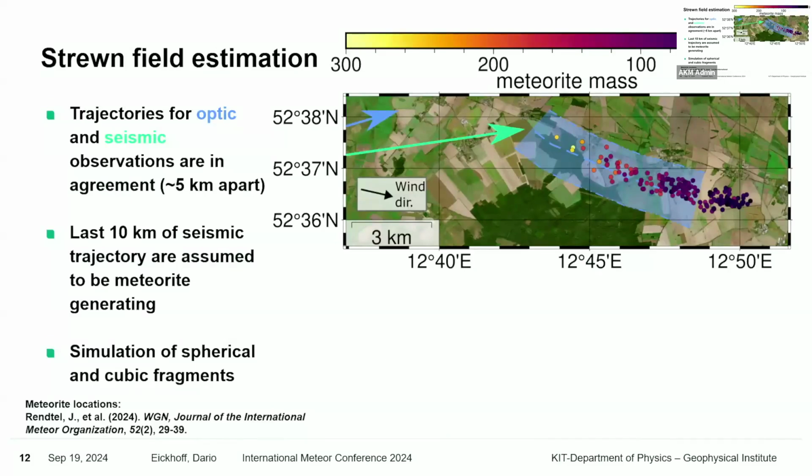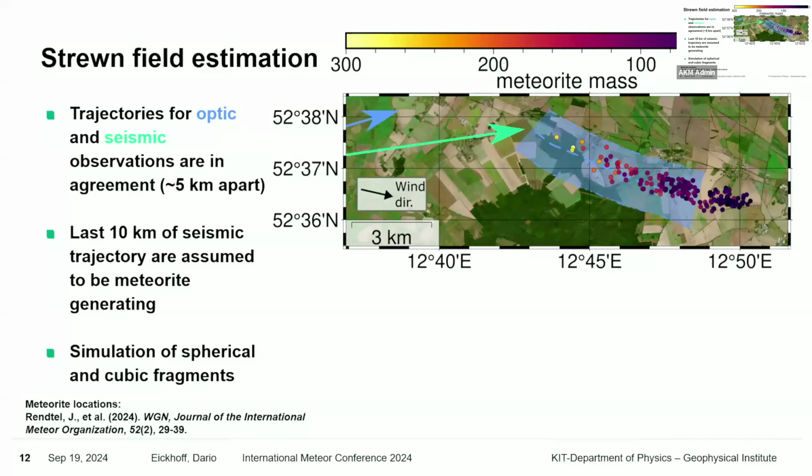The optic one is blue, the seismic one is green, and you can also see the strewn field that was shown previously, and the recovered meteorite mass is now colored from yellow to black, getting smaller in mass, of course. And while these two trajectories get apart a little bit in the end here, they are still relatively close together, actually. They are around 5 kilometers apart at their tips.